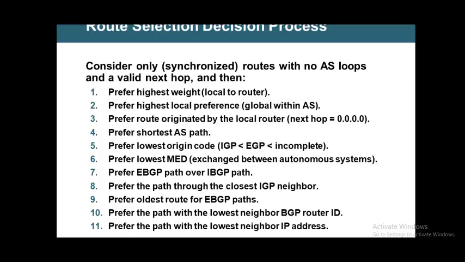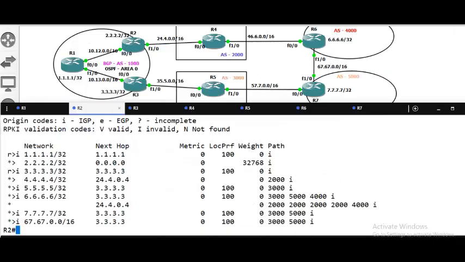The 6 has got two paths. One via router 3. To go to 666, router 2 says I'll go via router 3. The reason is only 3 hops. 1, 3000, 5000, and 4000.